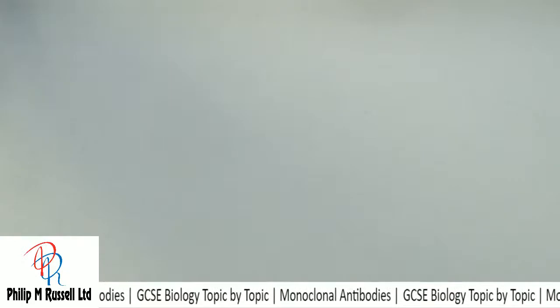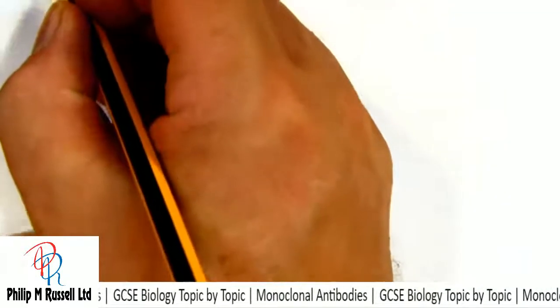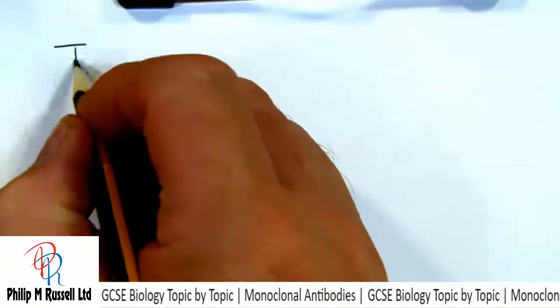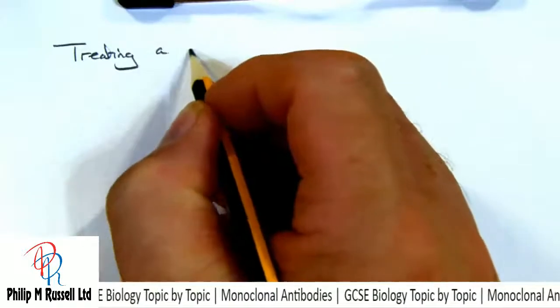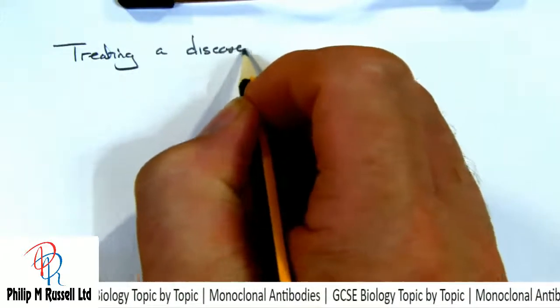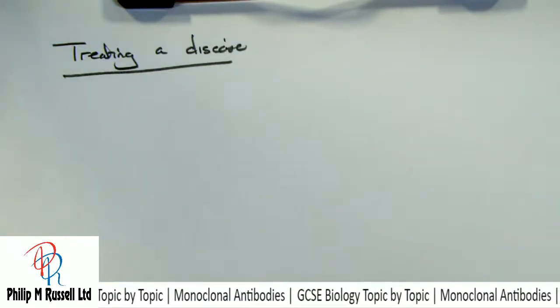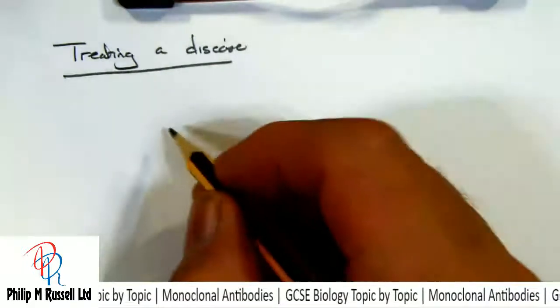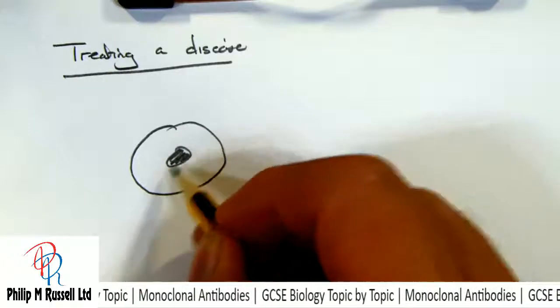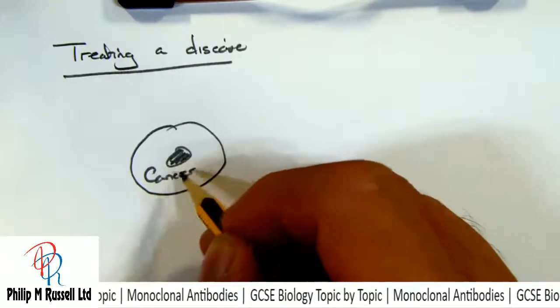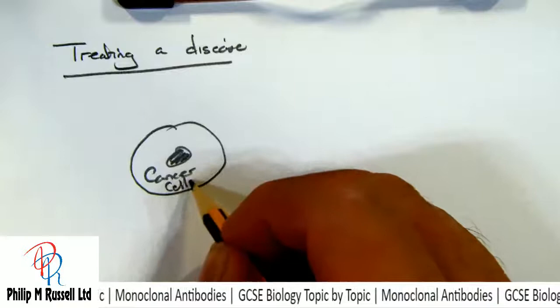So we know that a monoclonal antibody is useful for basically binding to a chemical. So how about trying to treat a disease with this? So let's suppose I've got one of your cells and it's gone cancerous.